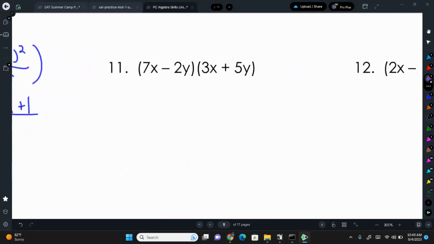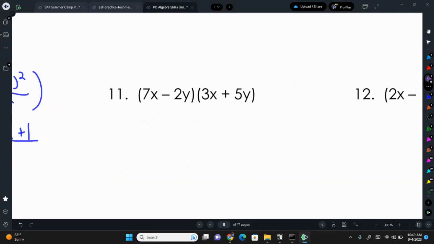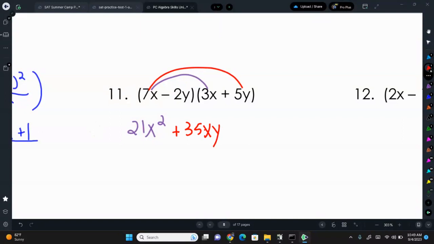Number 11, there's no shortcut for this one. This is just standard foiling. 7x times 3x is 21x squared. 7x times 5y is going to be 35xy. Negative 2y times 3x is going to be negative 6xy.